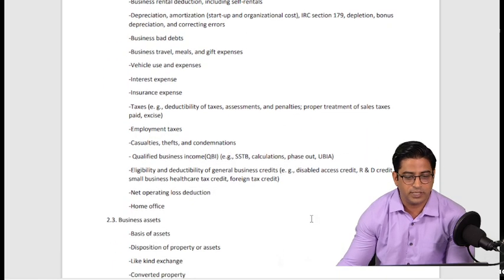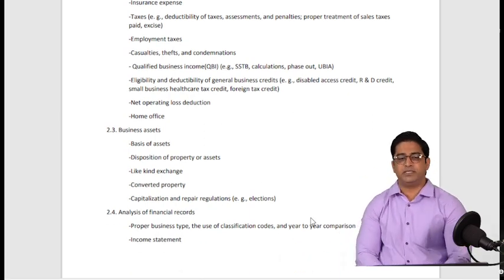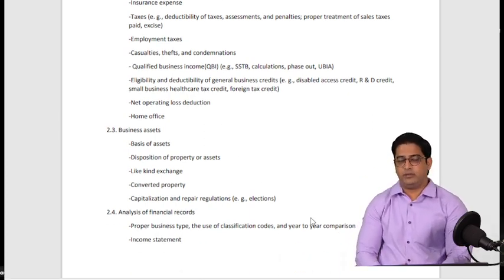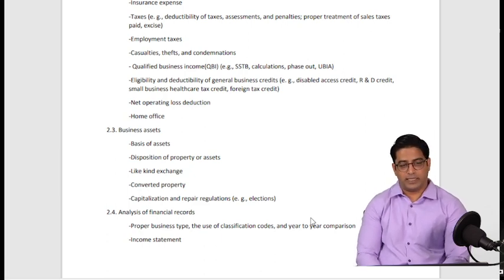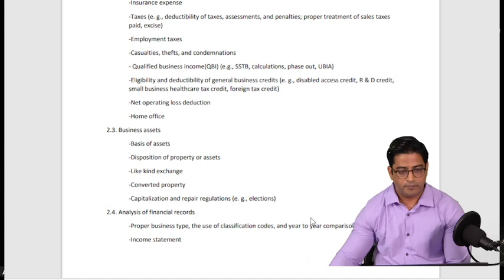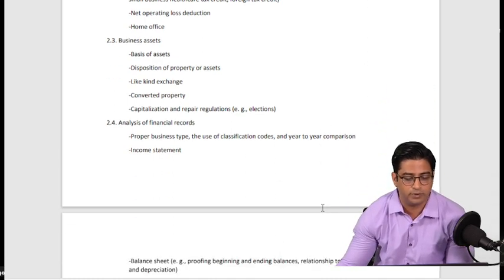Employment taxes, net operating losses, business assets, and basis of business assets. The second unit, second paper, talks in depth of business assets and their basis. How to calculate basis, what is like-kind exchange, capitalization, all that will be looked at in depth as part of domain 2 in part 2.